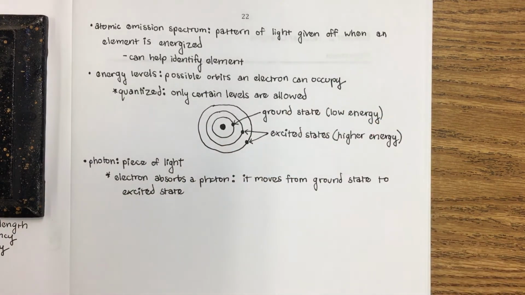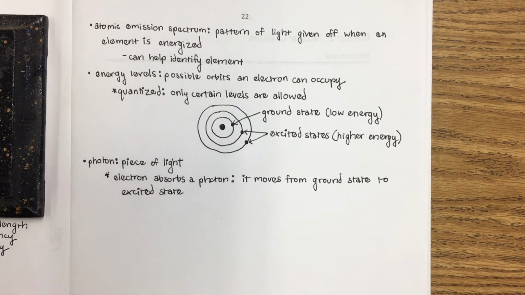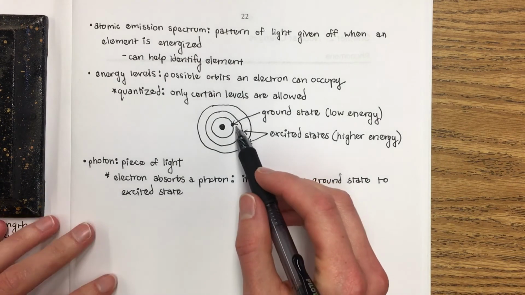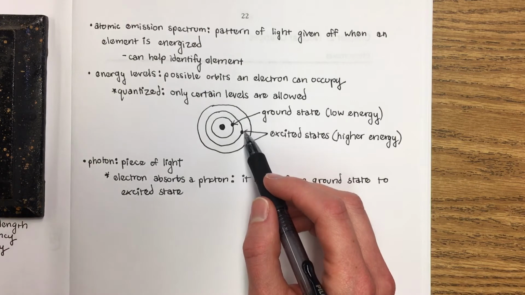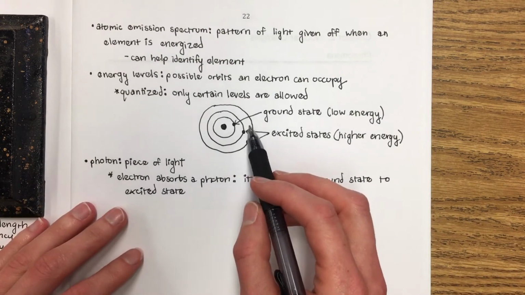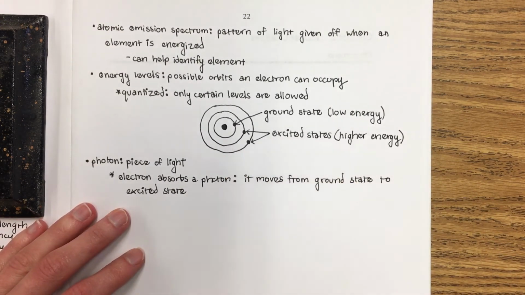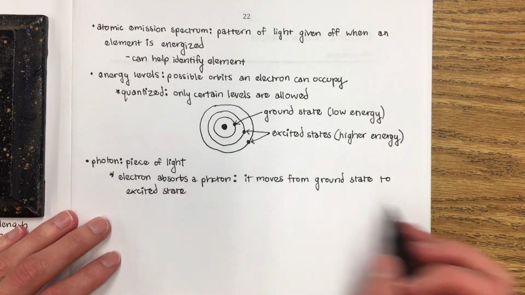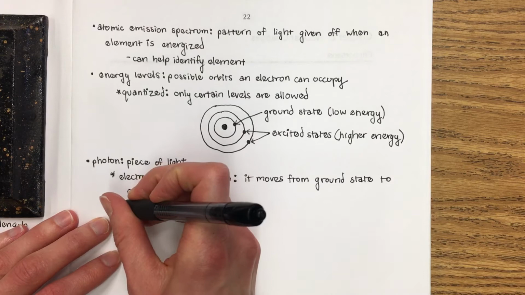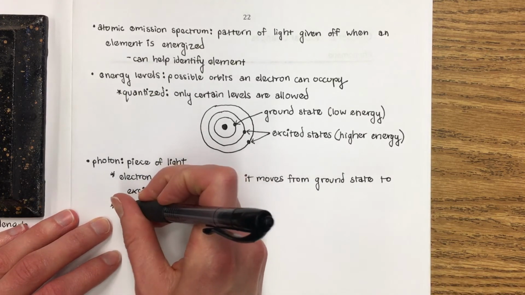So if we zap the atom with electricity or heat or light, if we put it in a flame, this little electron is going to jump up to one of these levels because it has more energy. But electrons do not like to be in high energy states, just like in general, things in nature like to be in low energy states. So that electron is going to fall.